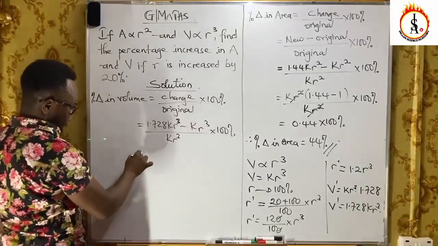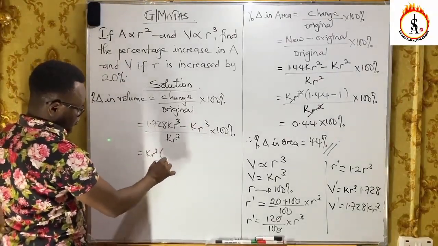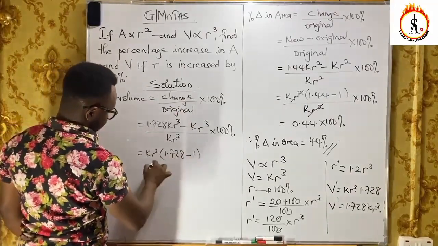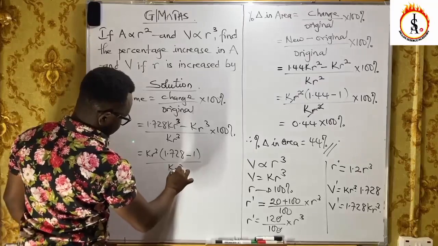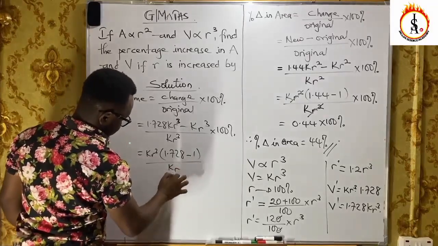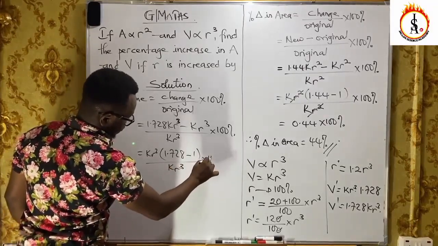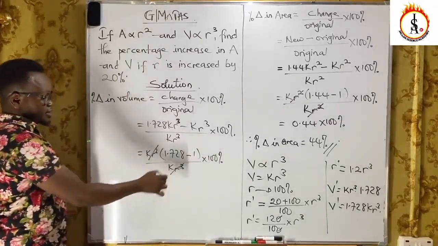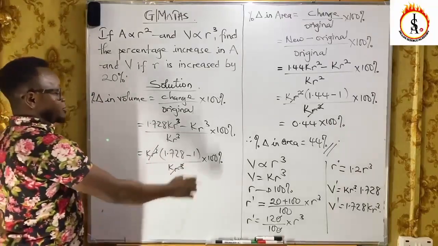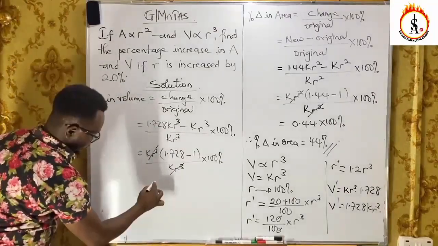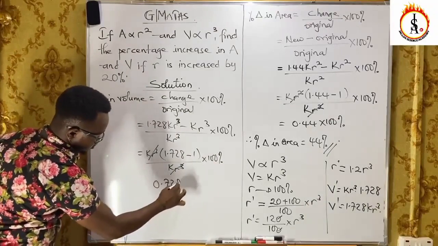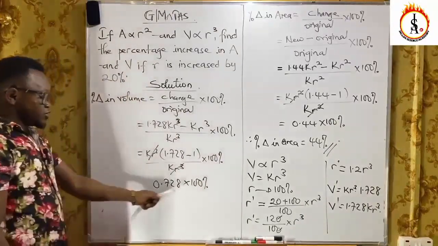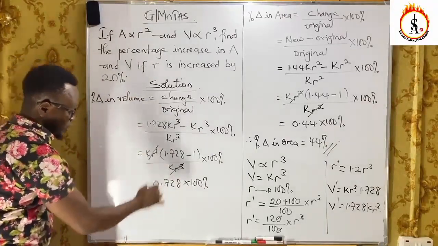So factorizing KR cubed out, we get 1.728 minus 1 over KR cubed multiplied by 100%. So this and this here cancel. 1.728 minus 1 gives us 0.728 multiplied by 100%.